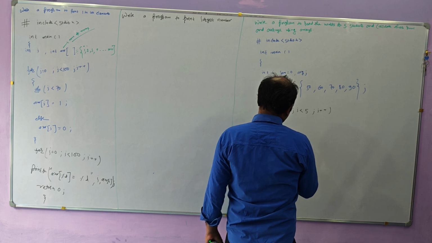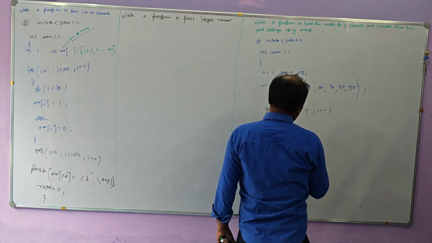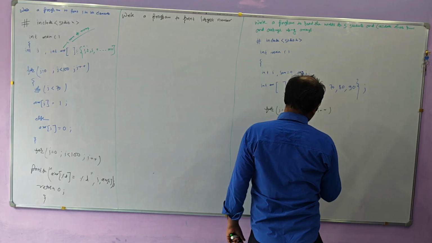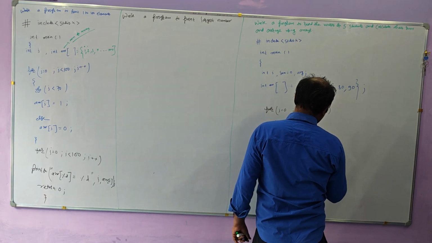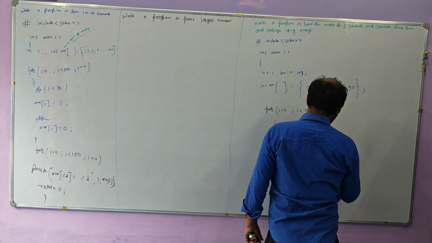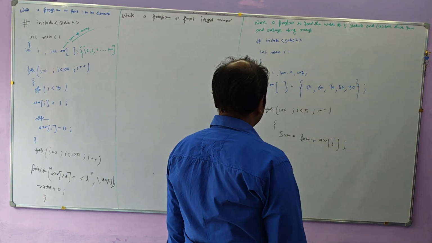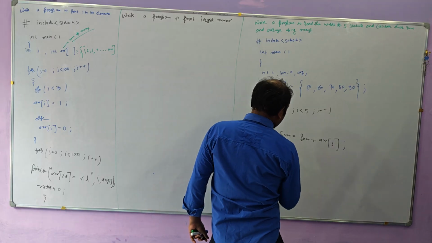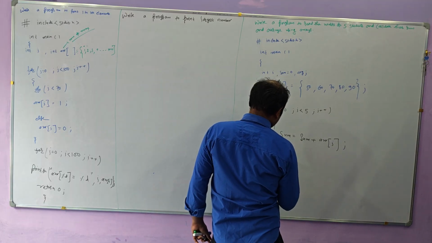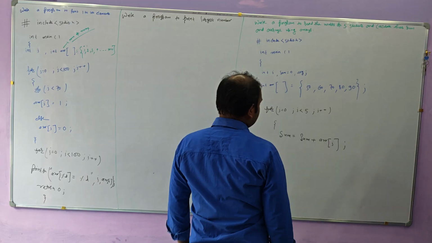Sum is equal to sum plus AR of i, and then we print.